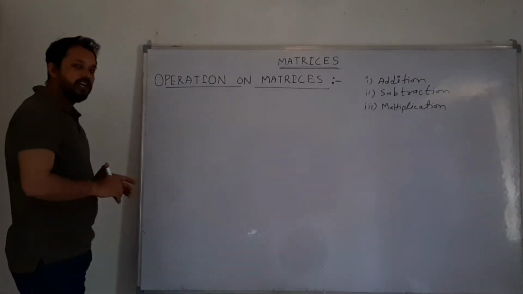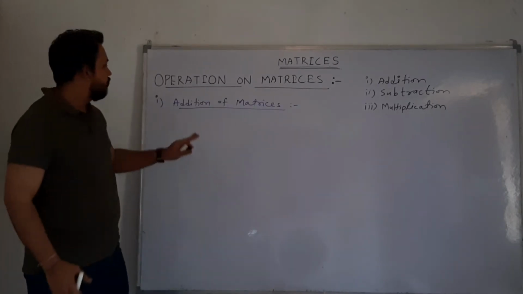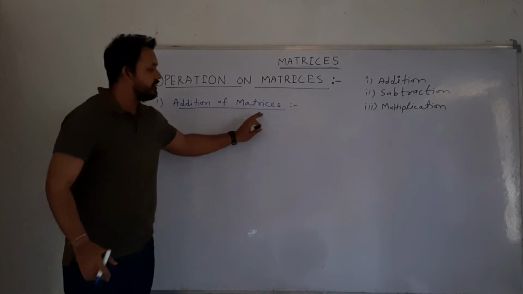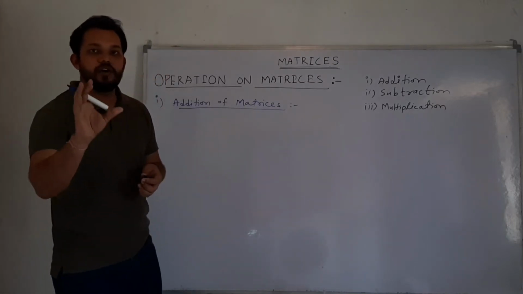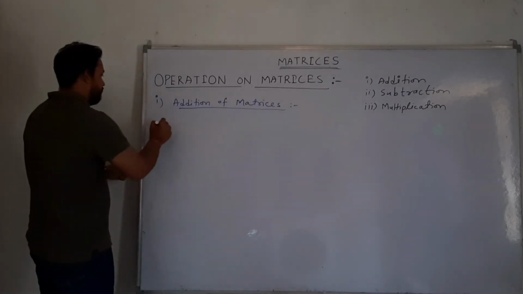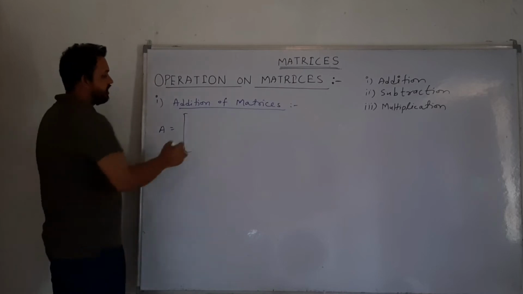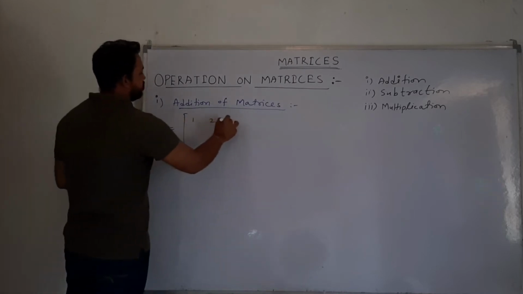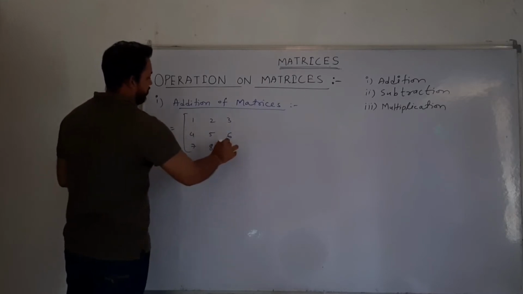So let us understand how to add two matrices. So let's see what is addition of matrices. Suppose we have two matrices A and B of same order. We have a matrix A. Elements of this matrix are 1, 2, 3, 4, 5, 6, 7, 8, 9.